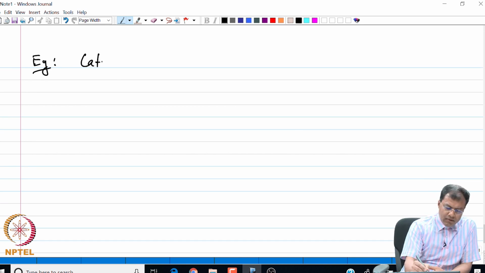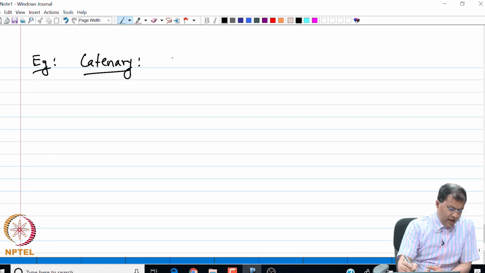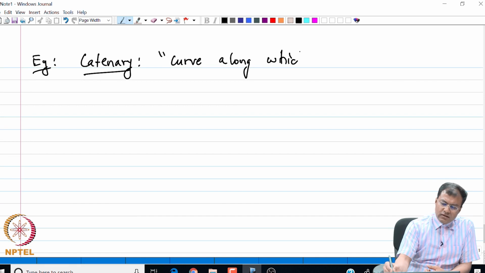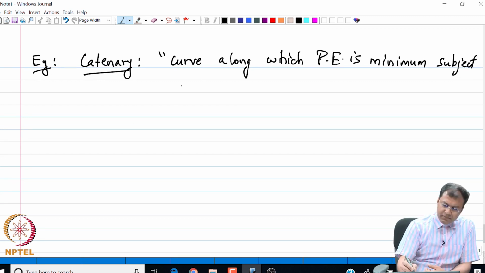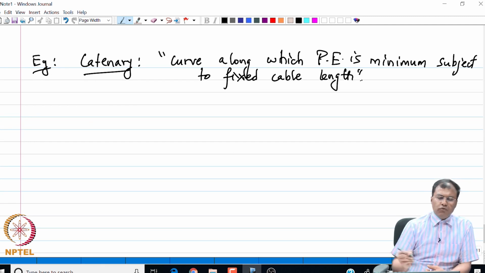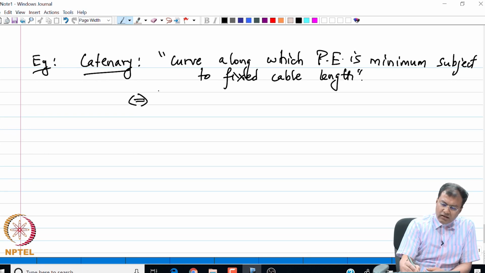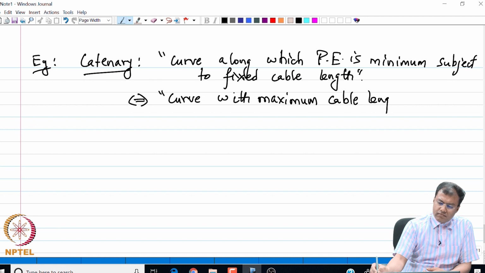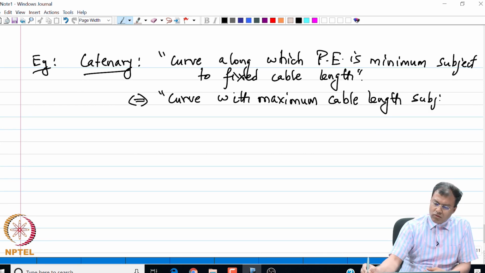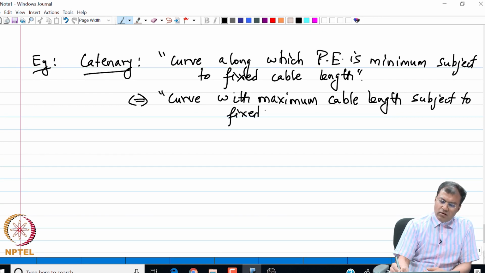So, the catenary is a curve along which the potential energy is minimum subject to fixed cable length, and this is also equivalent to saying this is the curve with maximum cable length subject to fixed potential energy.